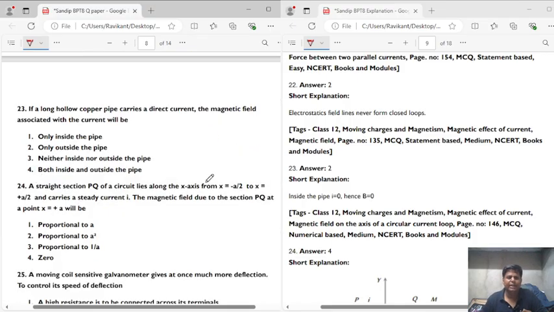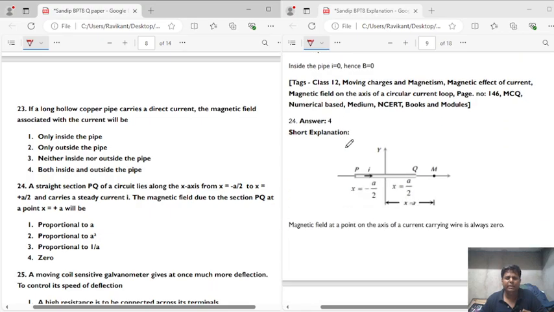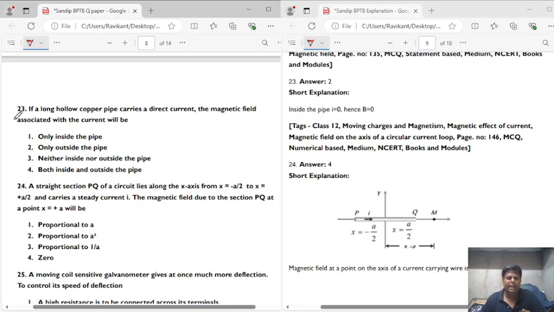Now question number 23. It says that if a long hollow copper pipe carries a direct current, the magnetic field associated with the current will be only inside the pipe, only outside the pipe, neither inside nor outside the pipe, or both inside and outside the pipe.